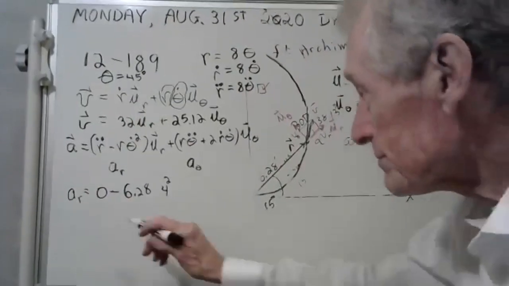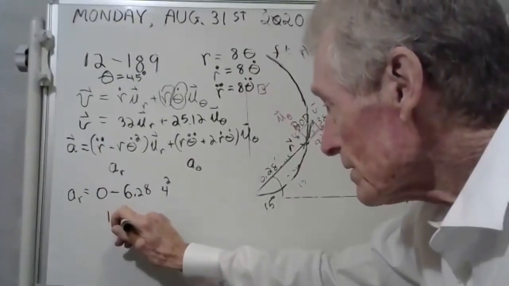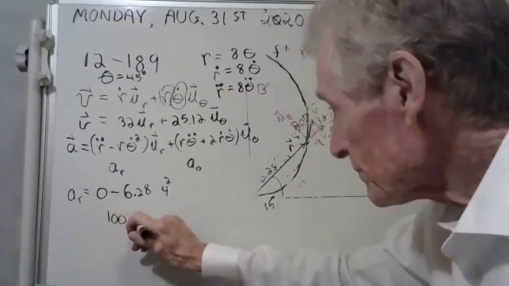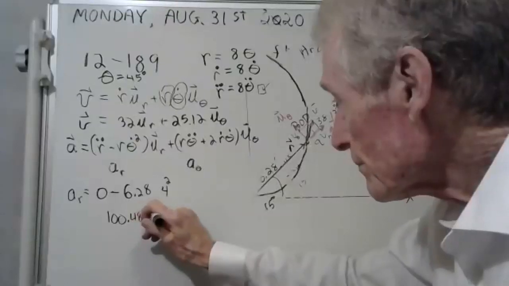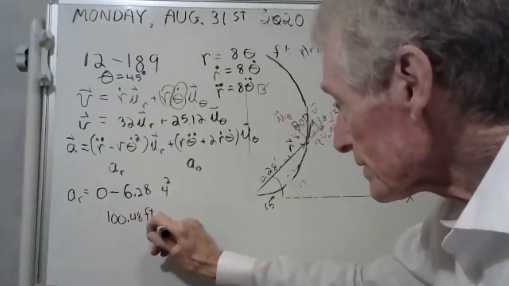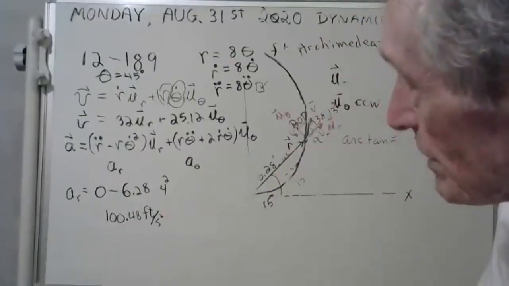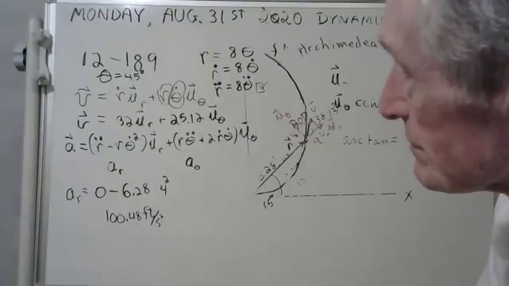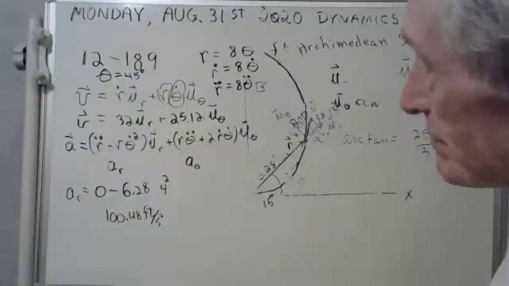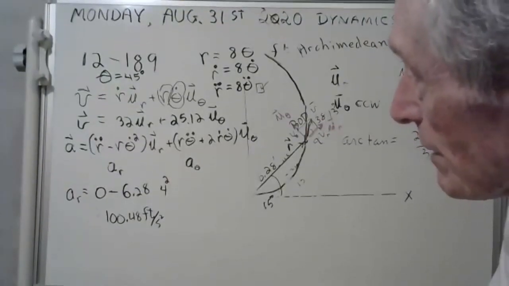Did you get, holy cow, it's pretty big. It's 100.48 feet per second squared for the radial component of the acceleration. I think that's what it is. I think we did that right.